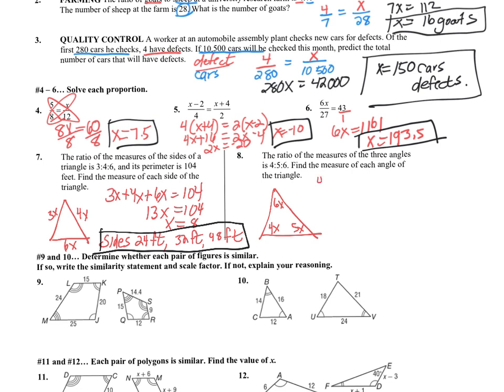We're going to take 4x plus 6x plus 5x, excuse me, I misspoke there. If we combine those, that gives me 15x equals 180. And that'll be x is equal to 36.